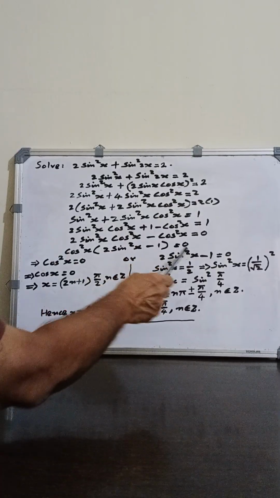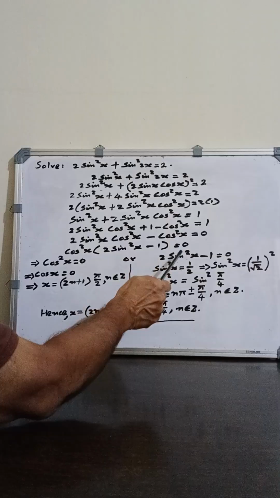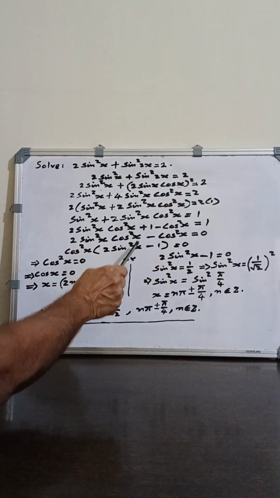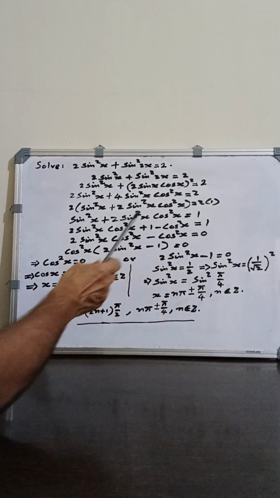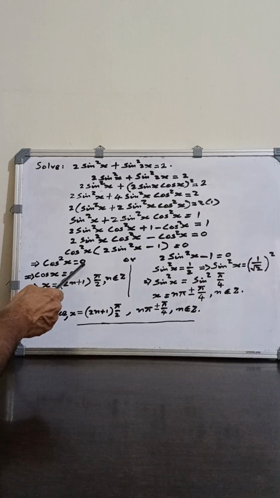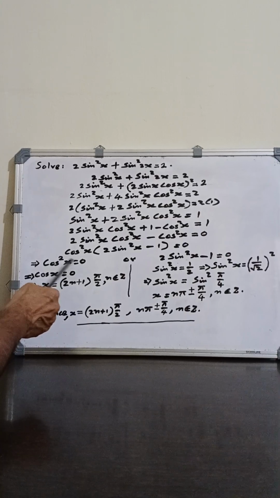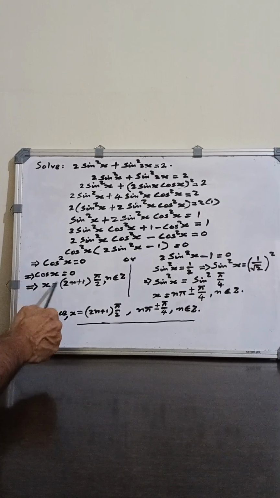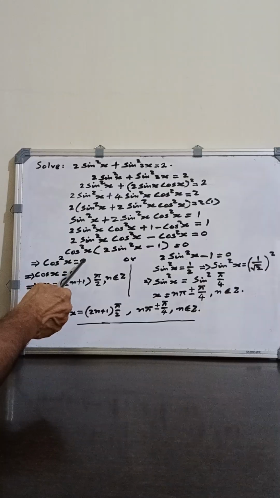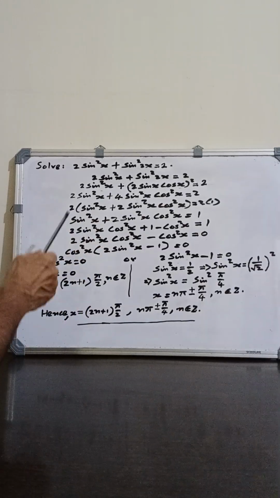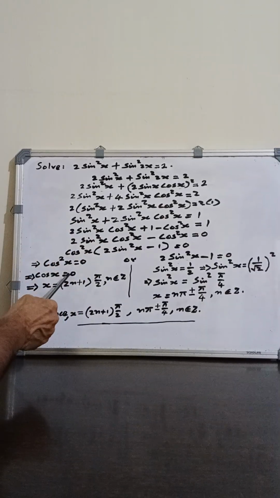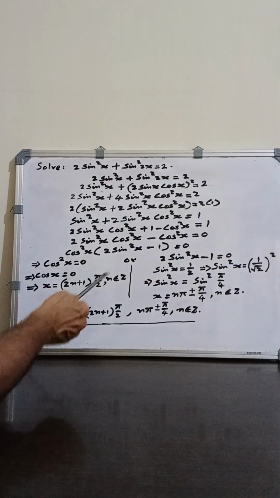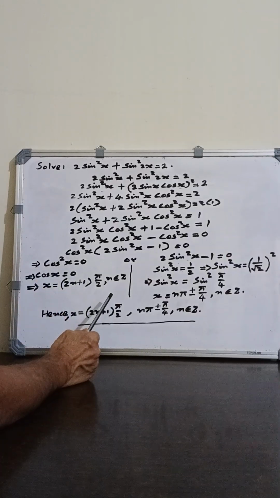From this we can say that cos squared x equals 0 or 2 sine squared x minus 1 equals 0. First, cos squared x equals 0, then cos x equals 0.